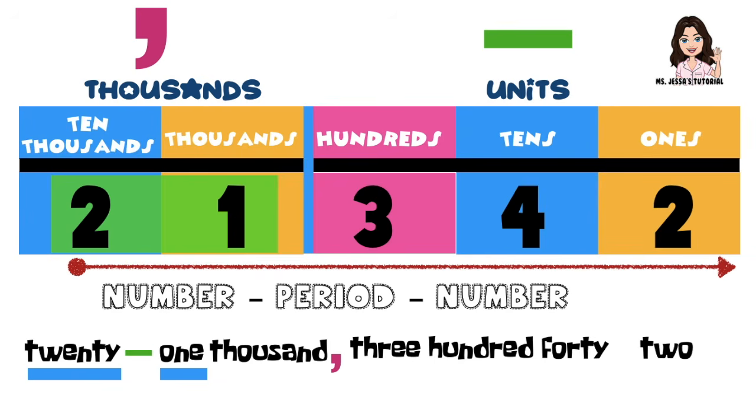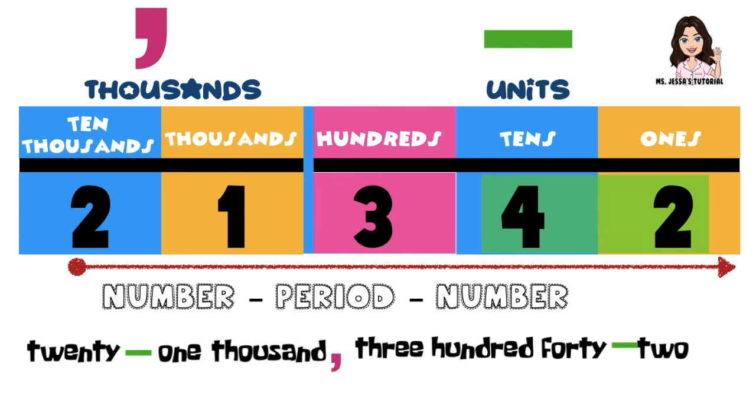Always remember, children, in using the hyphen, if the tens and ones number are two words, you will use hyphen. How about if we have this? 42. Since 42 is two words, we will use hyphen between them. So that is the correct way in writing 21,342 in words.